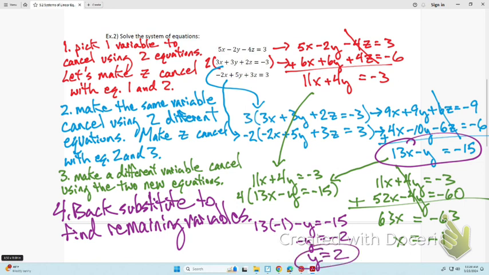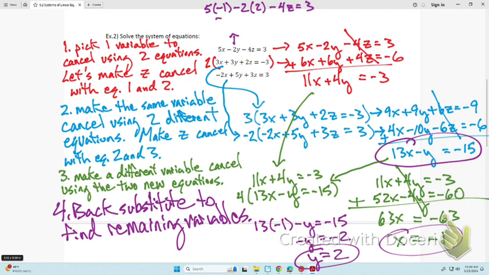So now we have a second answer. We need one more answer. We need to plug -1 and 2 into one of the printed equations. So I'm out of room. Let's do that at the very top. 5 times -1 minus 2 times 2 minus 4z equals 3.